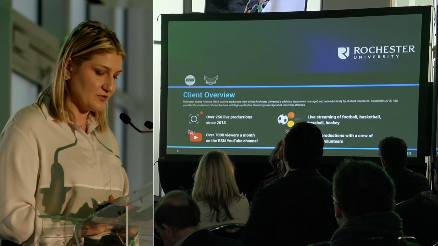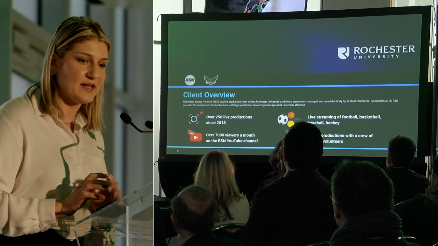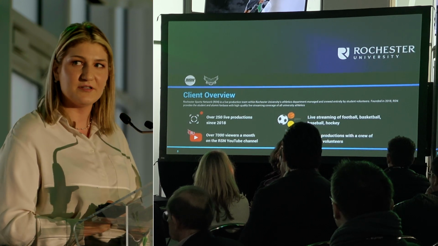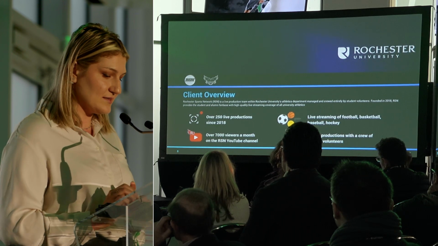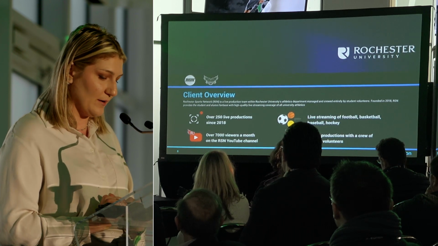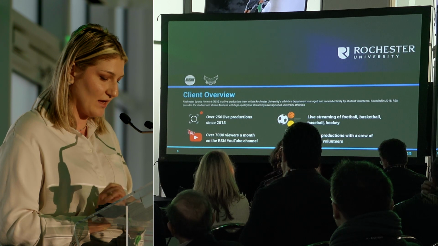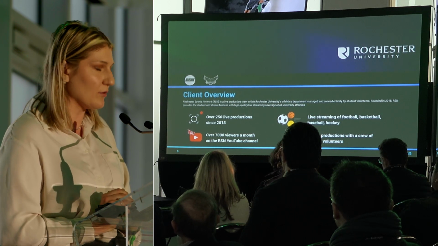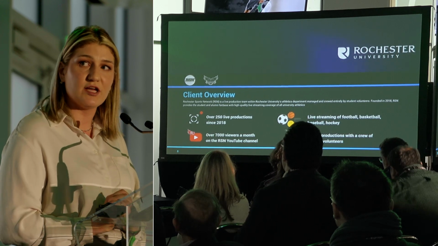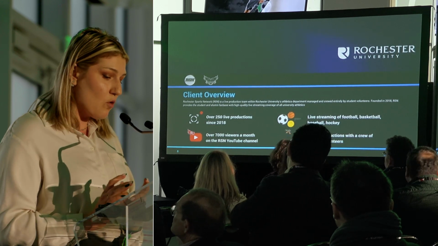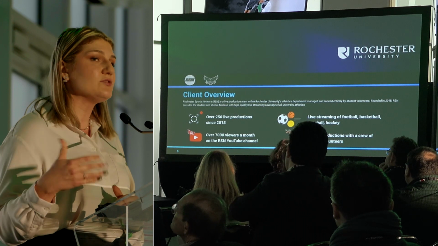Moving forward to Rochester University. Rochester University is another type of customer, a little bit different from Sportsground, because really their status was to be a live streaming arm for the Rochester University. So they are really a small entity with the production capacity. Their goal here was really to take it to the next level.